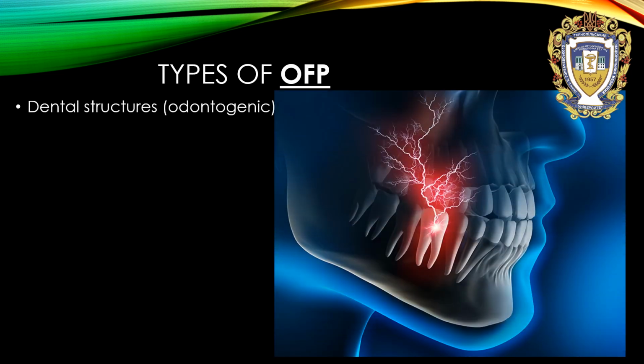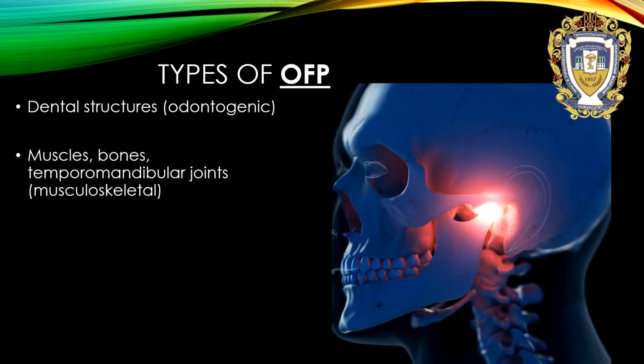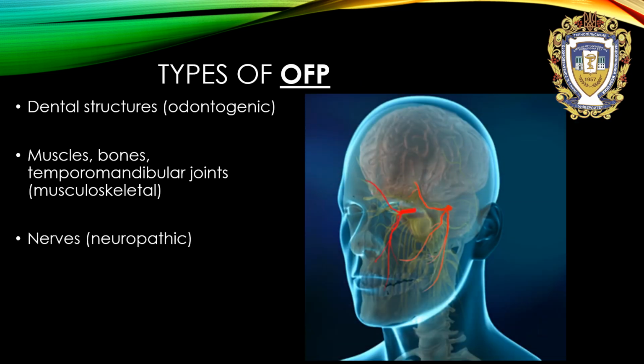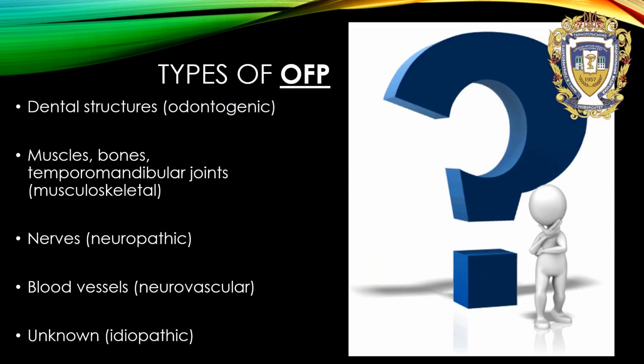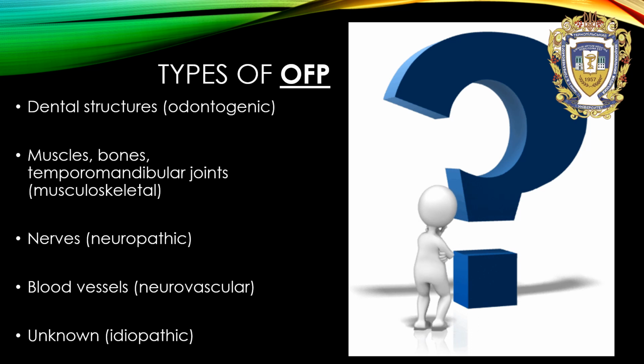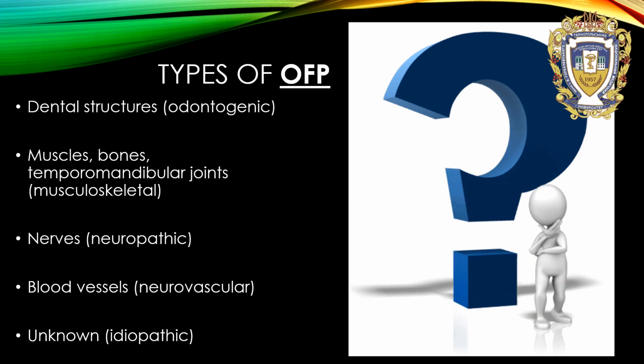Orofacial pain can be odontogenic, related to dental structures; muscles, bones, temporomandibular joint, called musculoskeletal pain; connected with nerves, neuropathic pain; and blood vessels, neurovascular pain. And of course, idiopathic or unknown type of orofacial pain.